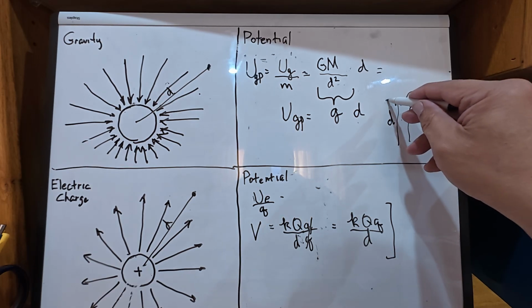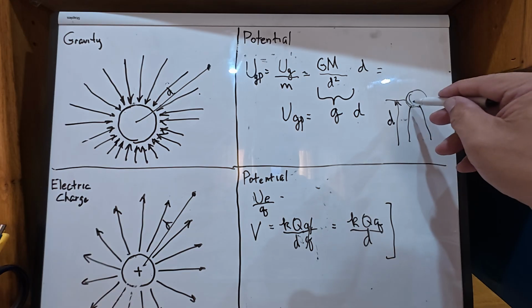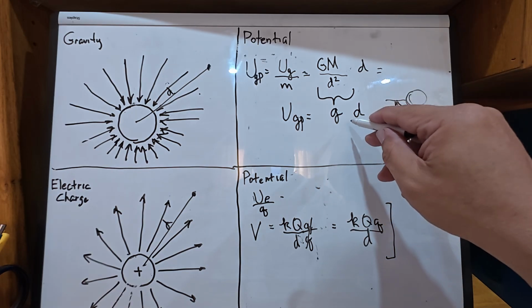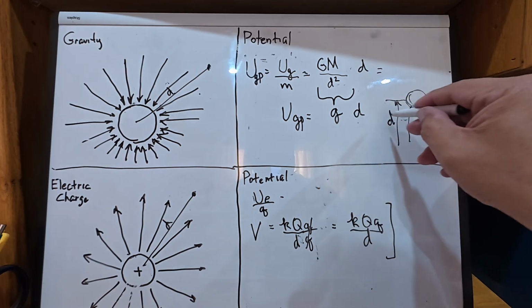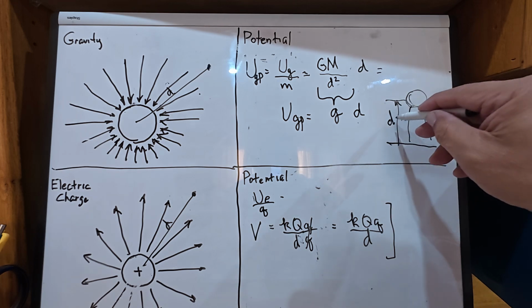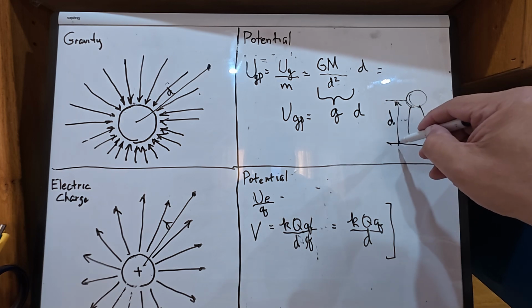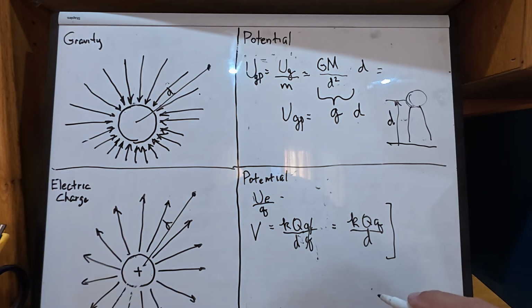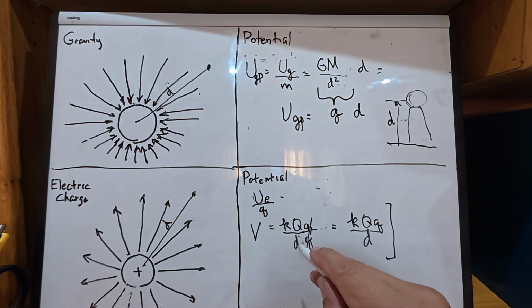Now we have acquired a gravitational potential of the acceleration of gravity times d. That's the gravitational potential, which is just simply the height d above the reference plane. And if it was negative, it'll be negative. So that's gravitational potential.